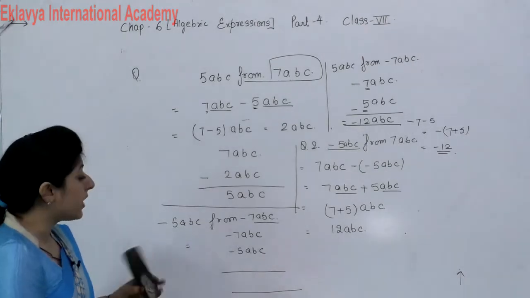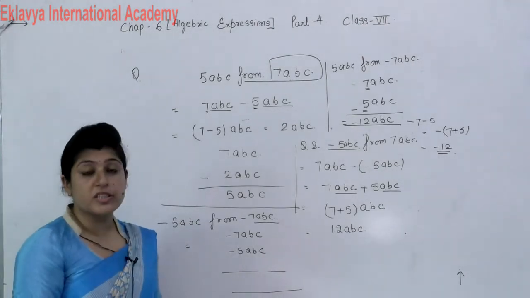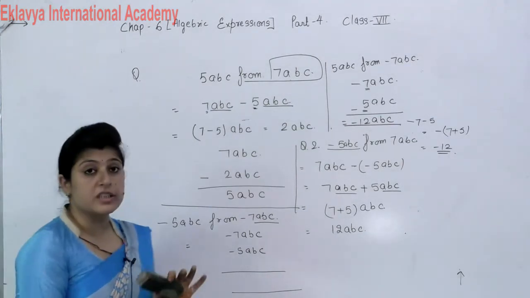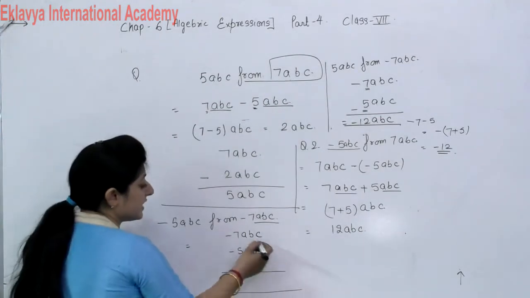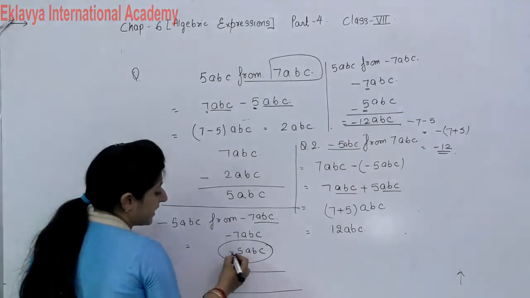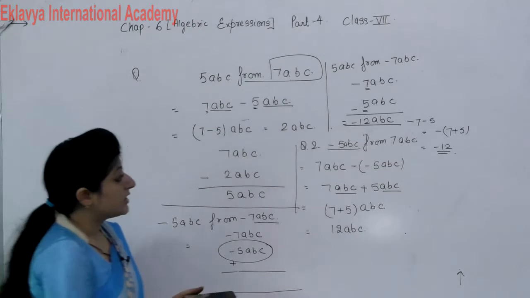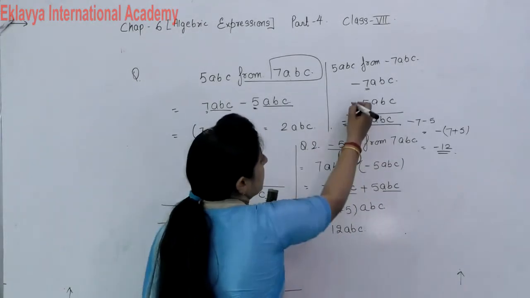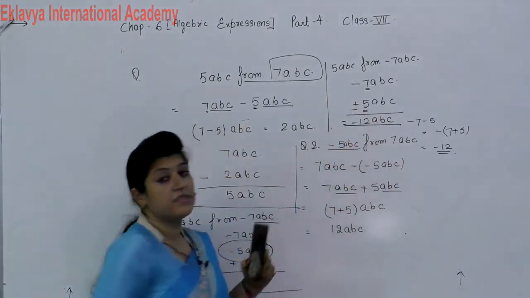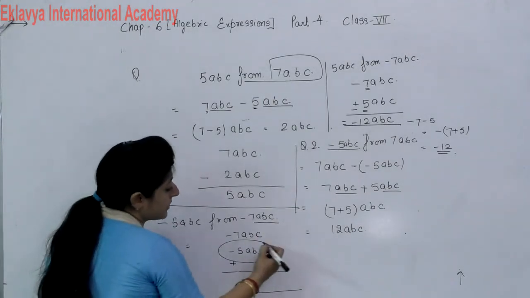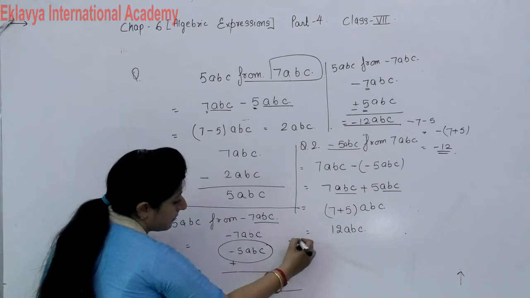If we want to do addition, there is no change in the sign, we take the result directly. But if we are doing subtraction, then if this value's sign is negative, it will change into positive, and if this is positive, we will change it into negative. Now solve it. Now it becomes minus 7 plus 5.